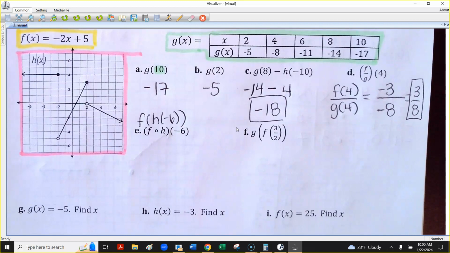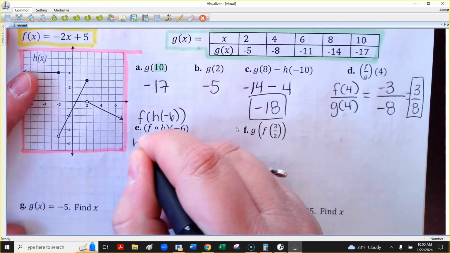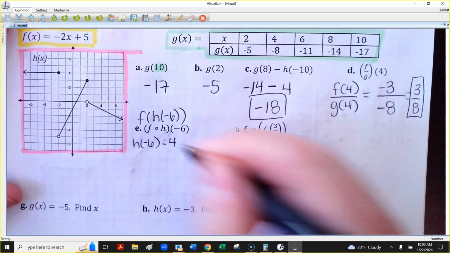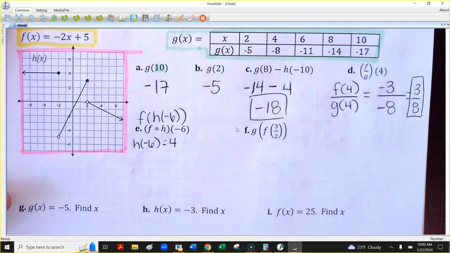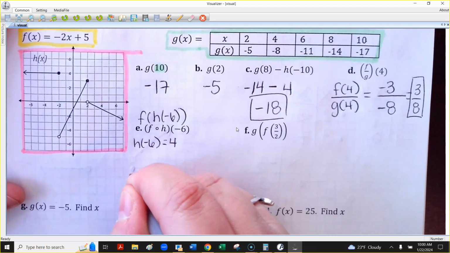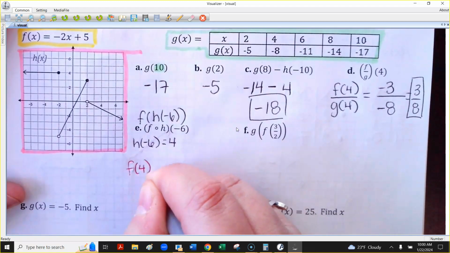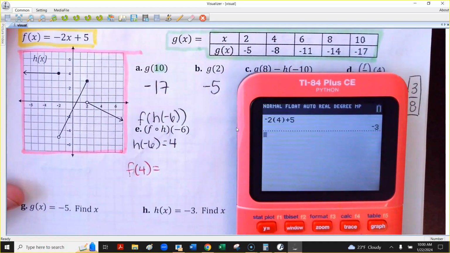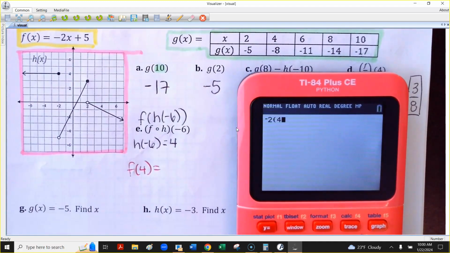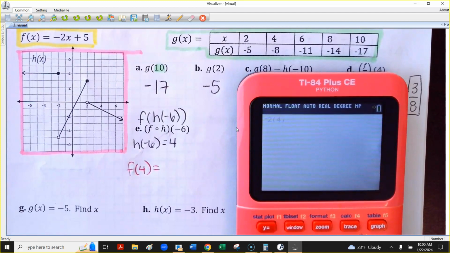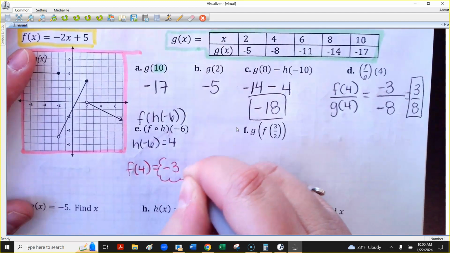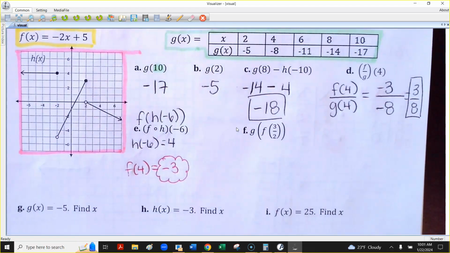So if you guys are looking at the graph, h of -6, this over here, that's actually going to be 4. Once you have that, this is 2 problems in 1, then I'm going to do f of the result, which was 4. Now, the f of x, back to that little equation there, so it's -2 times 4, and I feel like we just did this, so that's -3, but that second part to that answer when you're doing composition is the answer to the entire question.